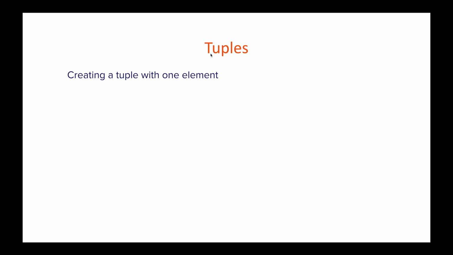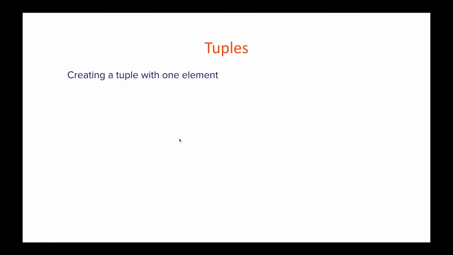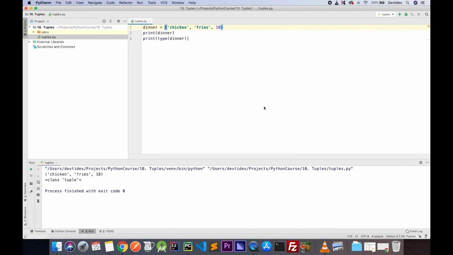All right, now, how do we create a tuple with a single element? We can see here the example that we gave, 3 elements in our tuple, but we can try to create a tuple with 1 element as well. So if we do this, for instance, breakfast is eggs, and we print out the type of breakfast, that's going to give us a string. Okay, so let's try that here in code as well.